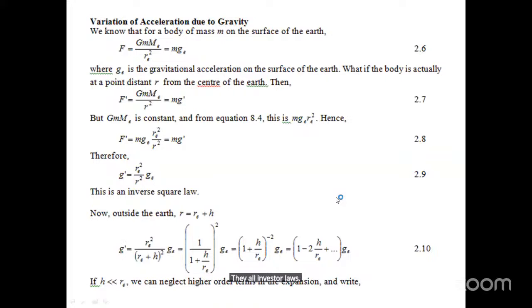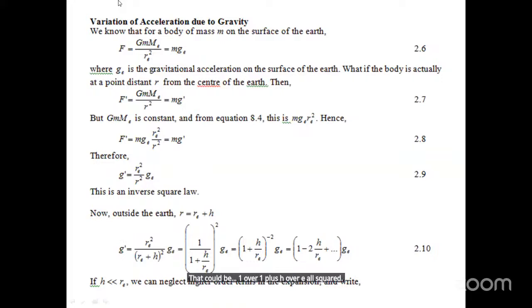Now, outside the Earth, r will be equal to Re plus h, assuming that the point is above the surface of the Earth. It's going to be Re plus the height above the ground. So that means our g prime will now become Re squared over, instead of r squared in 2.9, Re plus h all squared, then g e. That will be 1 over 1 plus h over Re all squared.